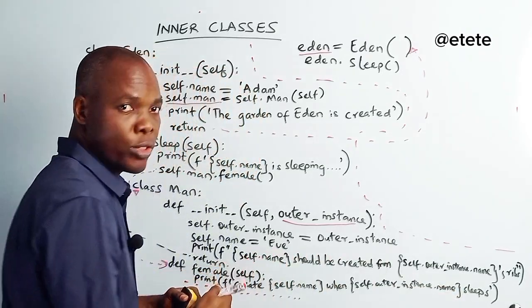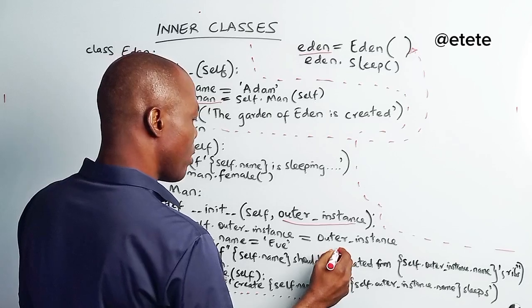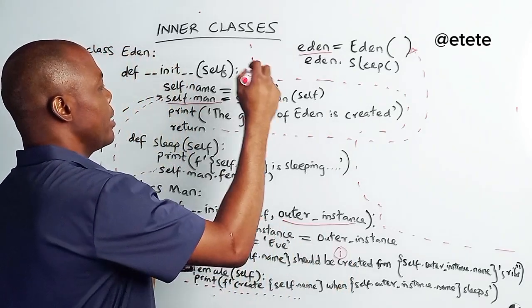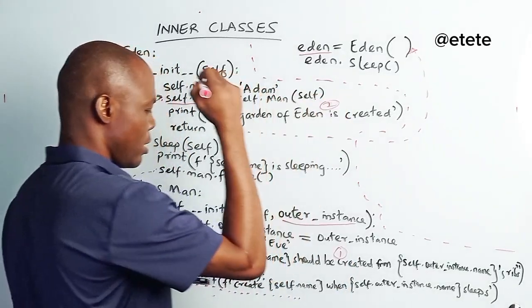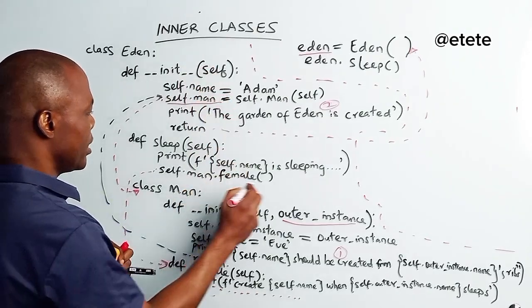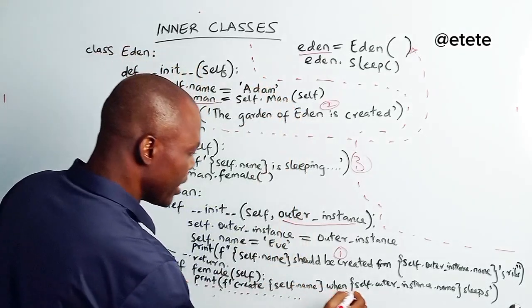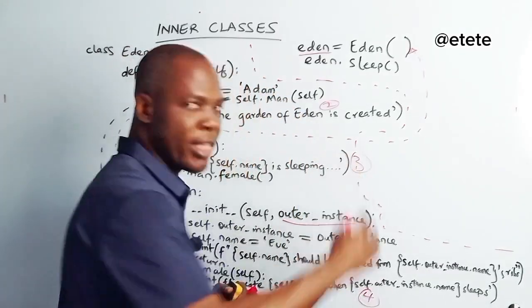So the first output will be this one, then this one will be second, this one will be third, and finally it will print this one out as the fourth.